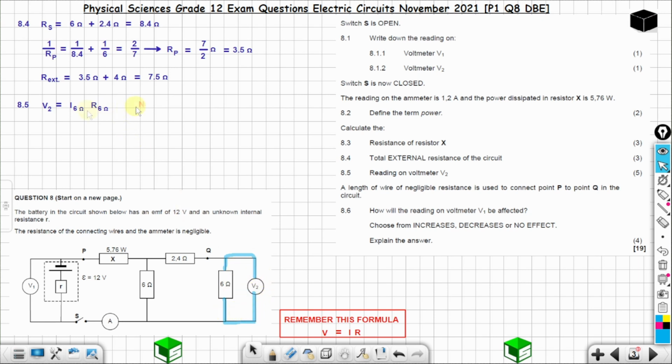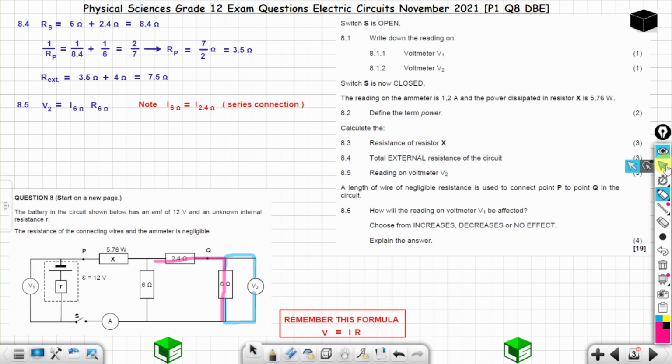Note that the current through the 6 ohms resistor is equal to the current through the 2.4 ohms resistor, because they are connected in series. You have the same current flowing through, because they are connected in series.